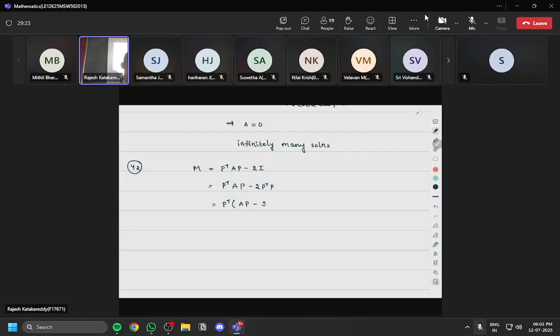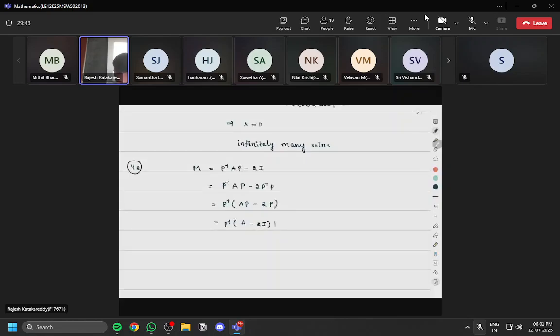Now on the right side there is P. When I take P common, don't just write 2 there; I should write 2 into the identity matrix. So this is P inverse into (A minus 2 times the identity matrix) into matrix P. Now let's take the determinant on both sides.